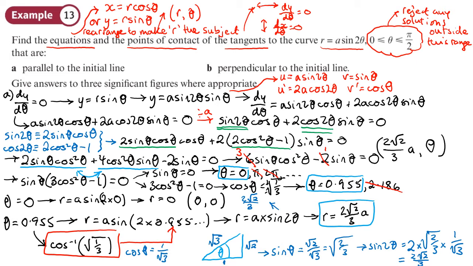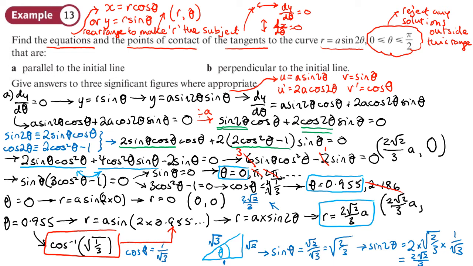Okay, so that was from using this value of R and this value of theta, and then the other point of contact is going to be 2 root 2 over 3 A. Just realised I've written a 0 as a theta, that should be a 0.